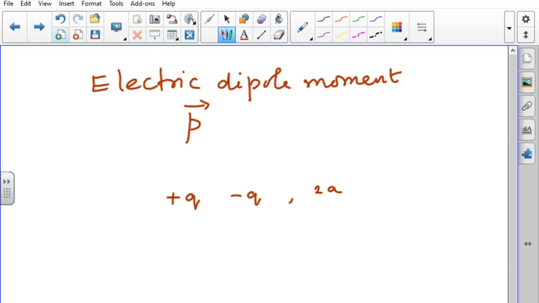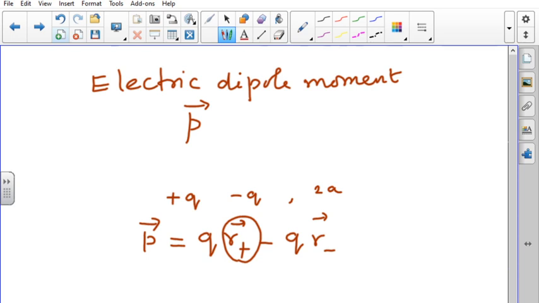P vector is equal to Q into R plus vector minus Q R minus vector. Here R plus vector is the position vector of plus Q from the origin, and R minus is the position vector of minus Q from the origin.